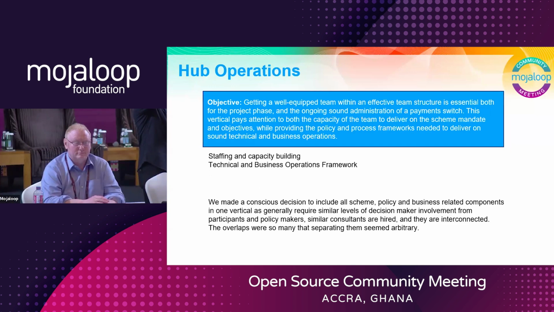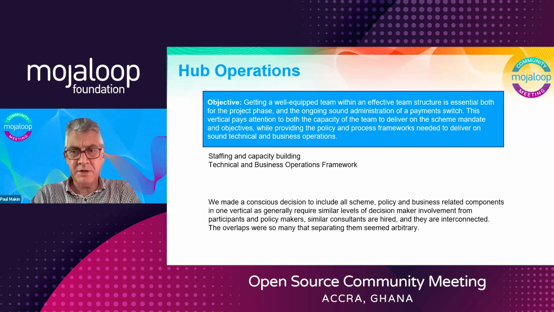Hub operations. If you don't get your hub operations team working effectively and reliably, then you won't have a payment switch that works. It's about building the capacity of the team, but also building the policy and process frameworks.